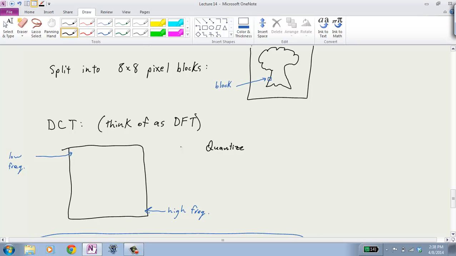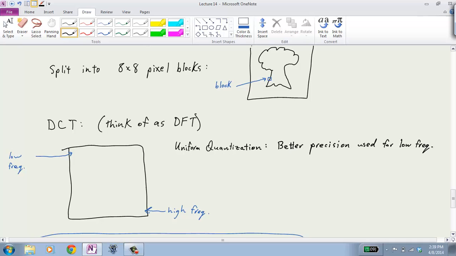So uniform quantization, meaning each number here, remember there's 8 by 8 numbers. Each number is uniformly quantized, however, with different precision. Better precision used for low frequencies.